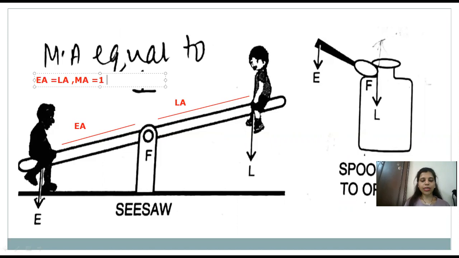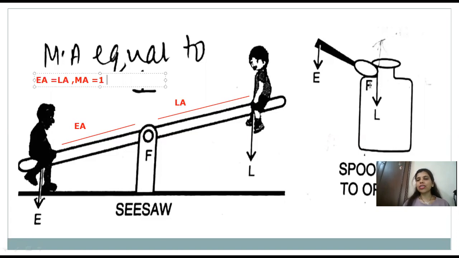It's only helping to change the direction. So you can say it's neither a force multiplier nor a gain in speed. It is only helping to change the direction of the application of effort. Now here you have to just say that MA is equal to 1, okay, with respect to seesaw. So here MA is equal to 1, you can see in this case of lever.